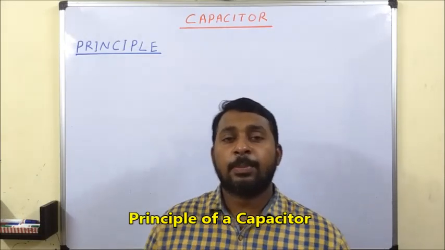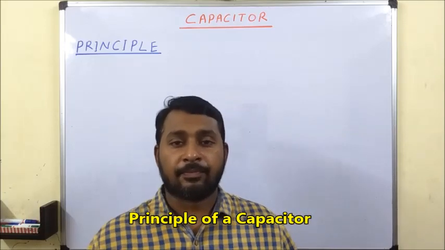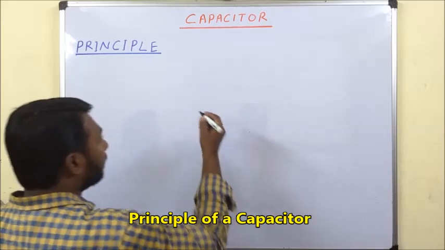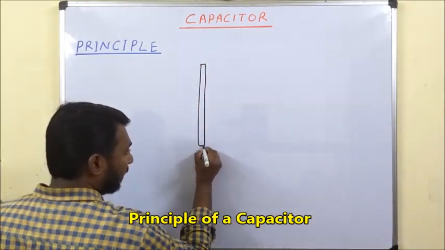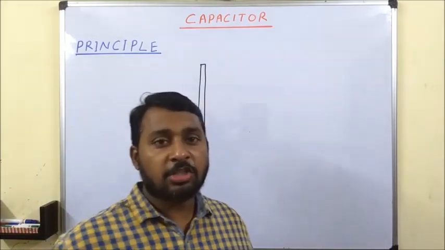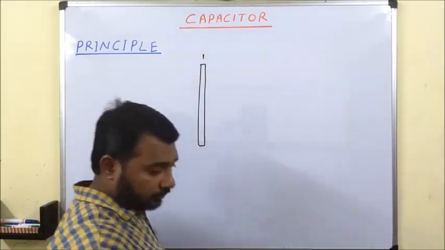Now, the principle of working of a capacitor. We have a conductor here, a plate. Initially it is neutral, its charge is 0. It's plate number 1.